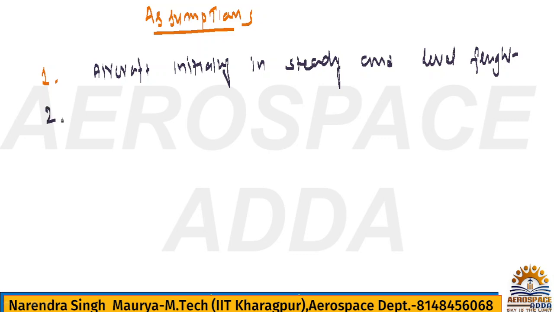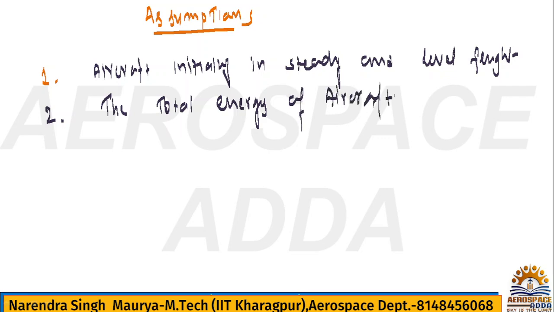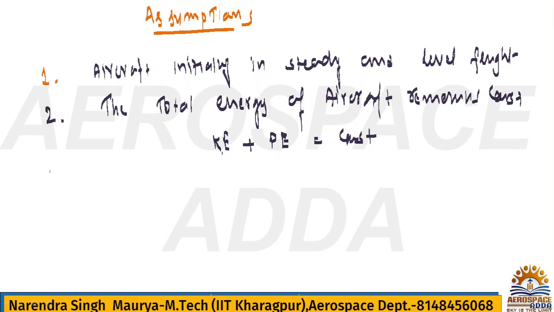Number two, the total energy of the aircraft remains constant. What is the meaning of it? The total energy, kinetic energy plus potential energy, is constant. That's the meaning of it.